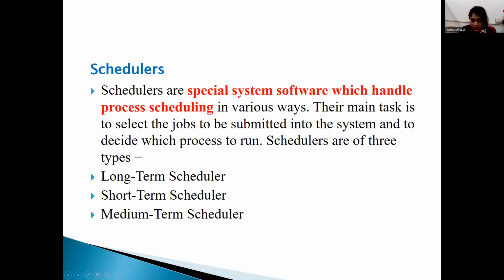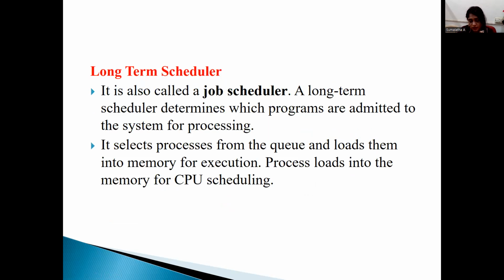So there are three types of schedulers: long-term, short-term, and medium-term schedulers. As the name suggests, whenever we say scheduler, they are introduced to handle processes. A long-term scheduler is also called a job scheduler.